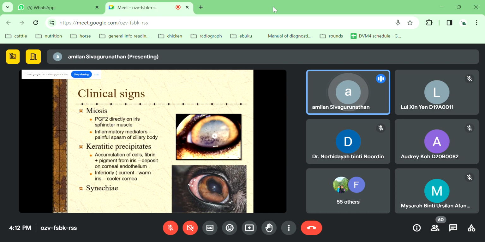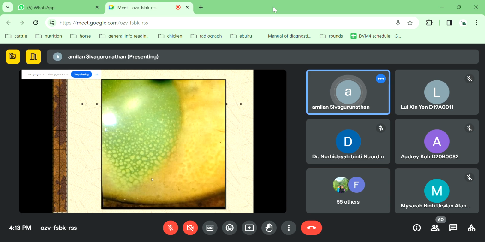So here we have an example of miosis. Maybe not a good picture, it's still dilated. The one below is more appropriate for miosis, followed by spasms in the ciliary body. And the one above is more relevant to the second point, which is precipitates that deposit on the cornea. Sometimes this material becomes like glue and sticks things together and you get synechia or adhesions.